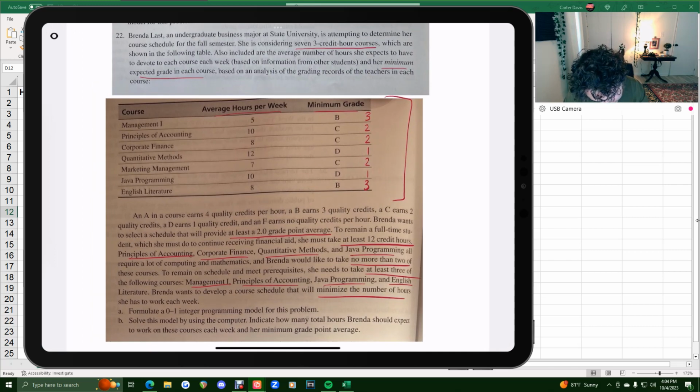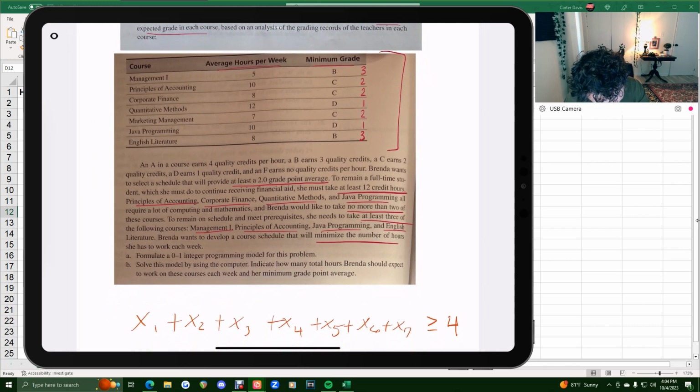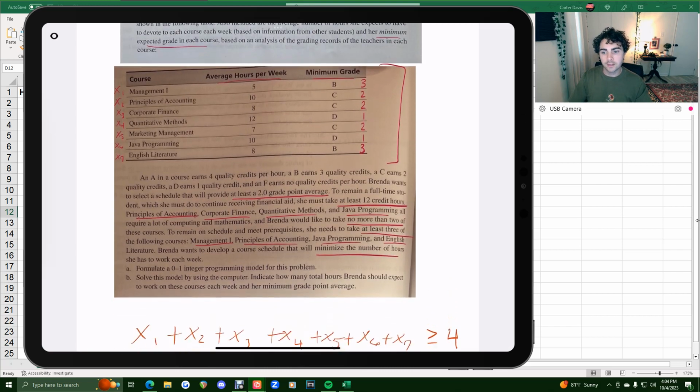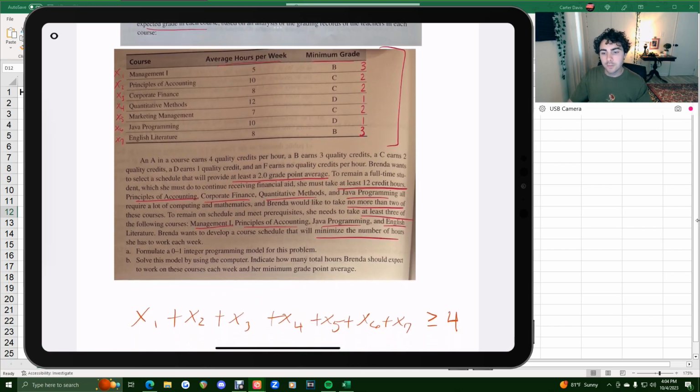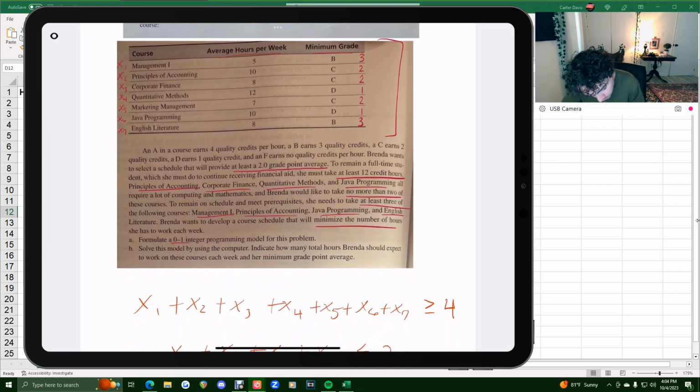So the first thing I'll talk about is this here. The biggest thing to note is that X1, X2, X3, all the way to X7 will represent all the different classes that Brenda could possibly take. The most important thing to keep in mind with a situation like this is that we have a 0-1 integer model.